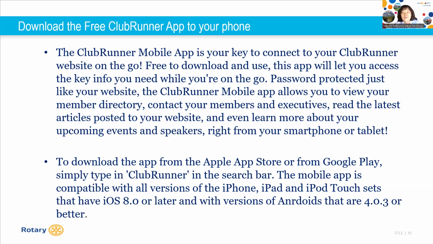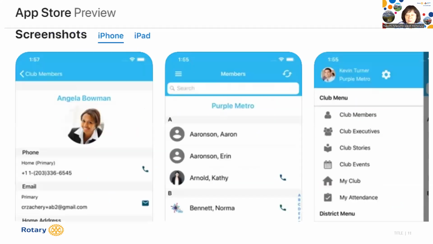But so convenient. You can even text someone from this application on your phone. Okay, so go to the App Store, or if you've got Samsung, I don't know what the App Store name is, but download the Club Runner application. You got to log in, and then you can get this information right on your phone.